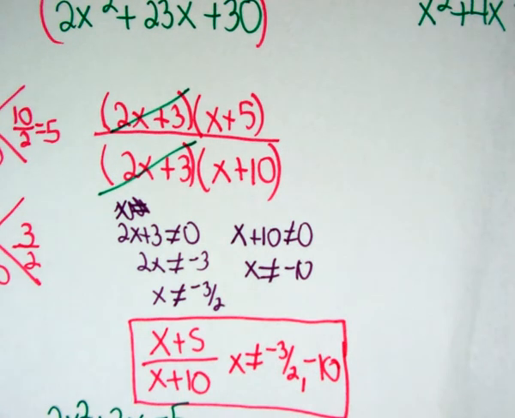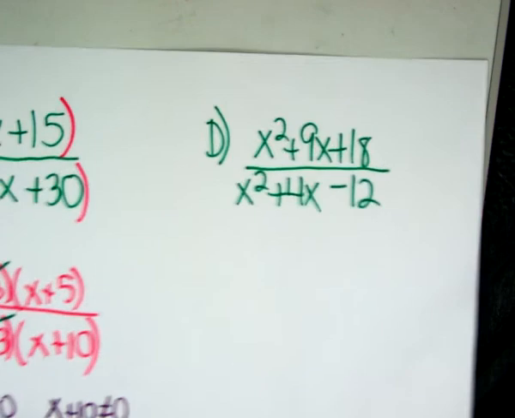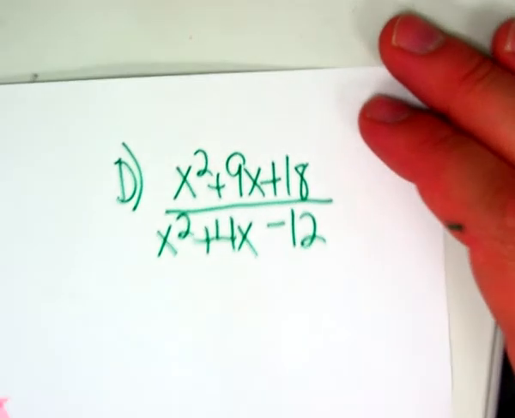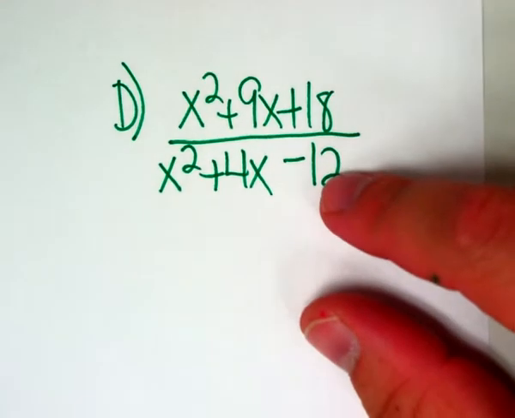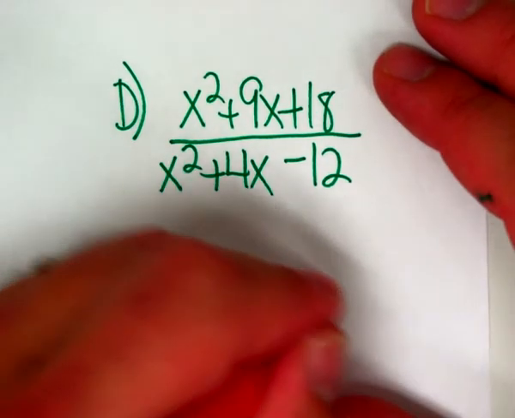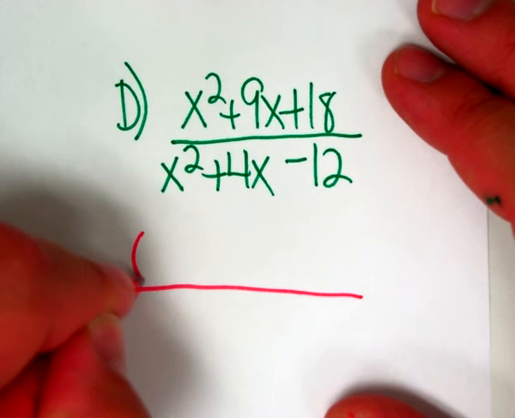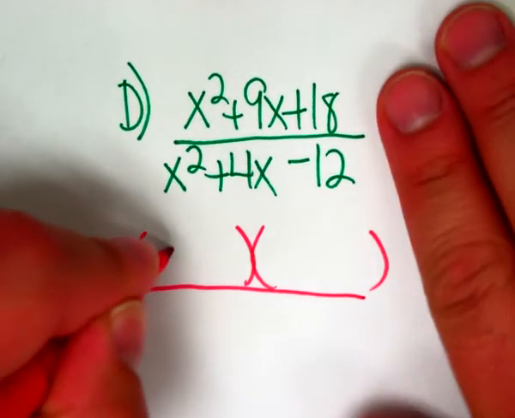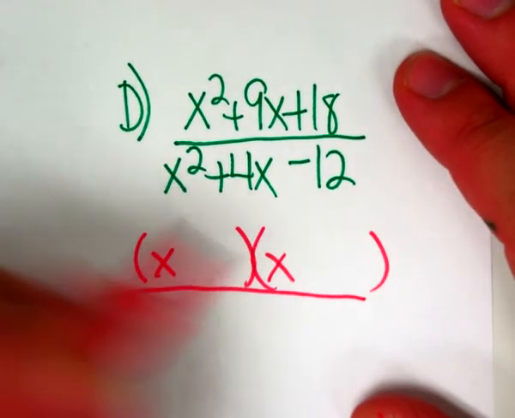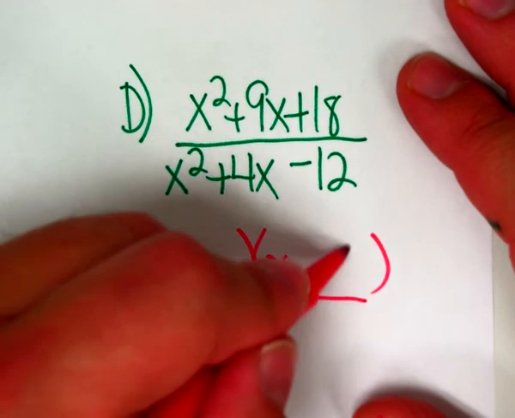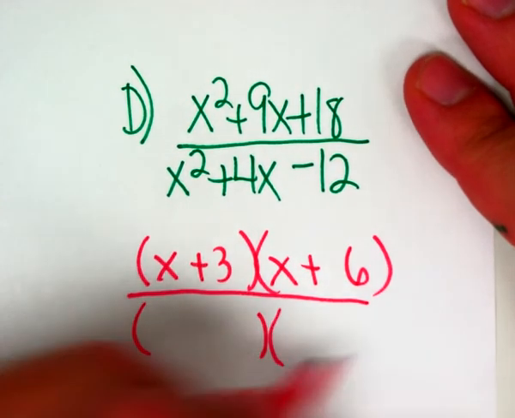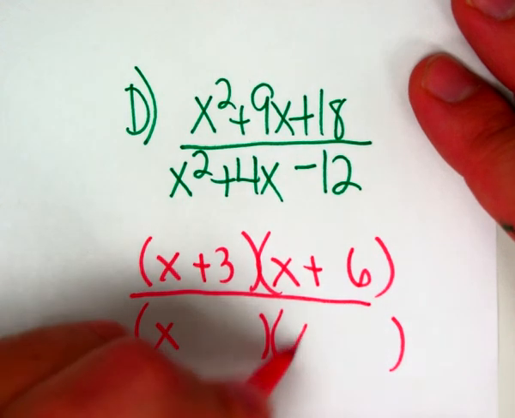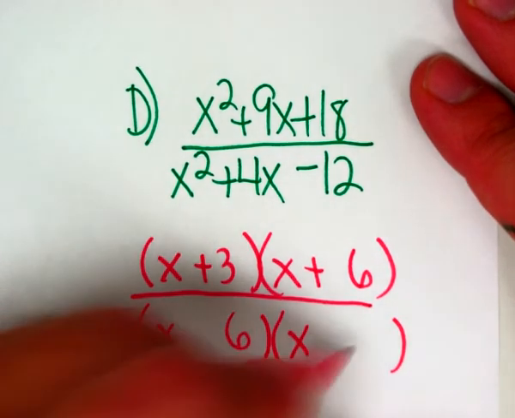Okay, two more examples. Start off, see if there's a GCF. There isn't. Leading coefficient is equal to 1. So what are the factors of 18? We get x plus 6 and 3. And on the bottom, same thing, factor it out. The factors of 12 that add up to 4 are going to be 6 and minus 2.